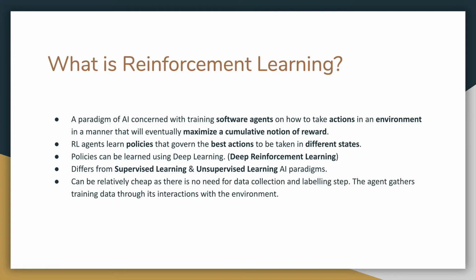Now, it can be relatively cheap as there is no need for data collection. Like I explained initially, if you want to do supervised learning, then you have to start by gathering training data. But when it comes to reinforcement learning, there's no need for this initial step where you need to gather data and label it, because this can be tedious, and it is also expensive because you need to pay people.